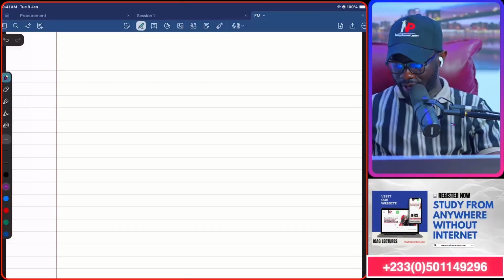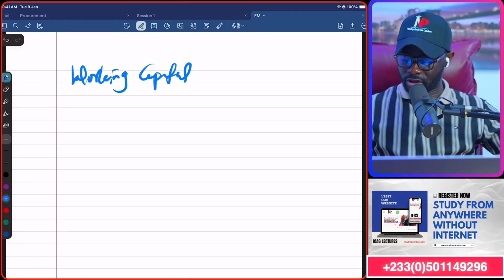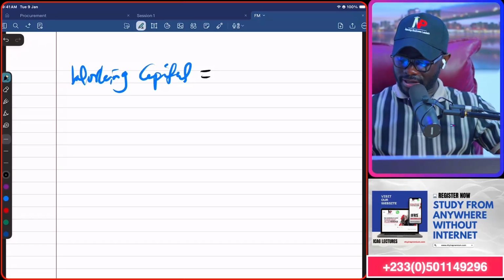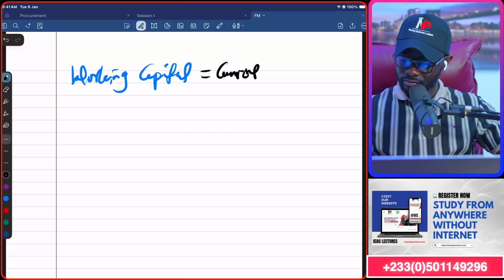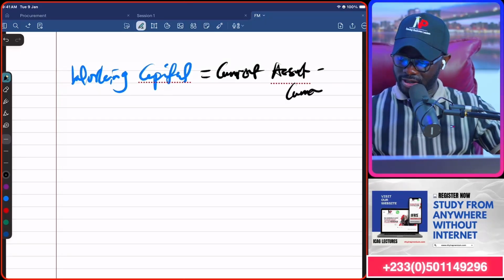So when it comes to working capital, working capital is current assets minus current liabilities.